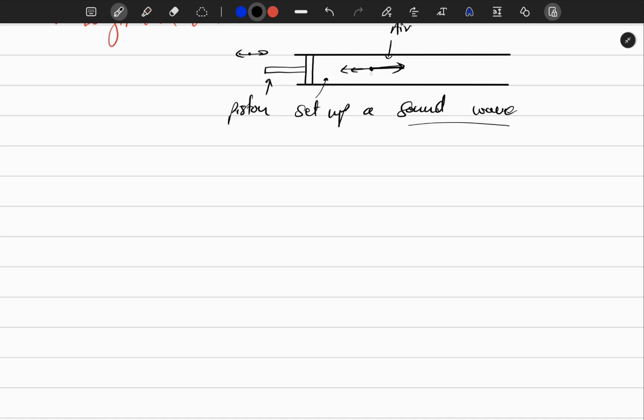So the air molecules in the pipe also will oscillate back and forth with the piston. Because the oscillations of these elements of the air are parallel to the direction in which the wave travels, the wave travels in this direction with some velocity v.